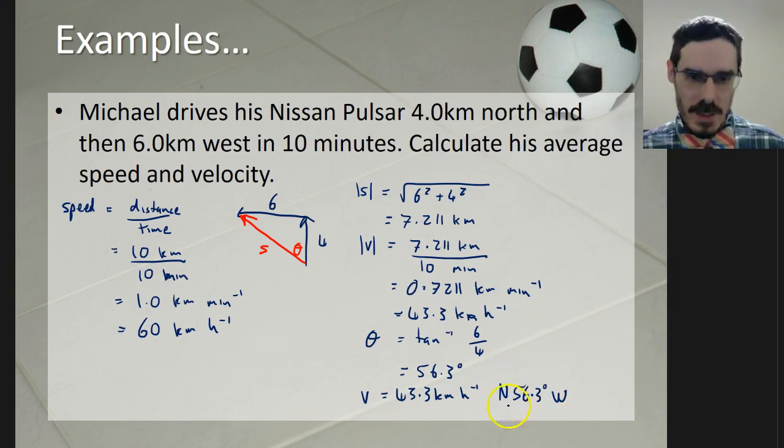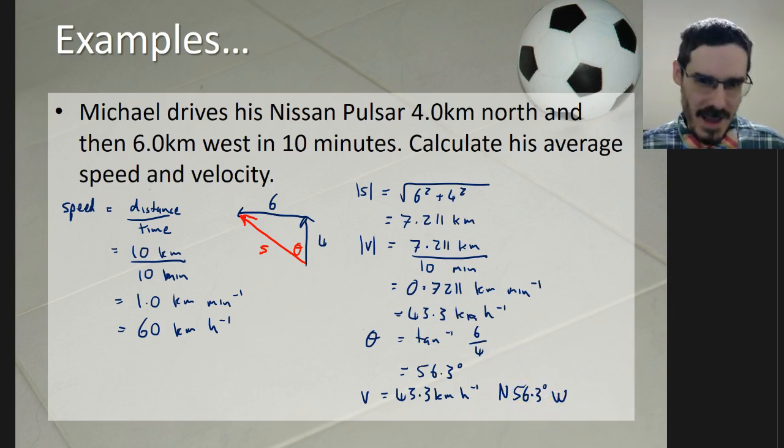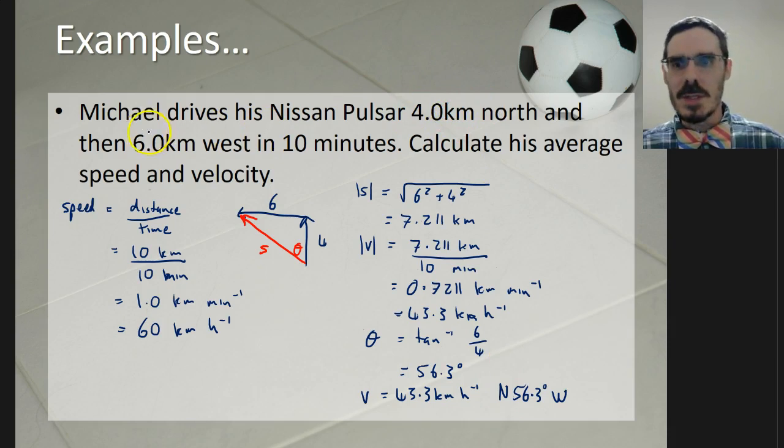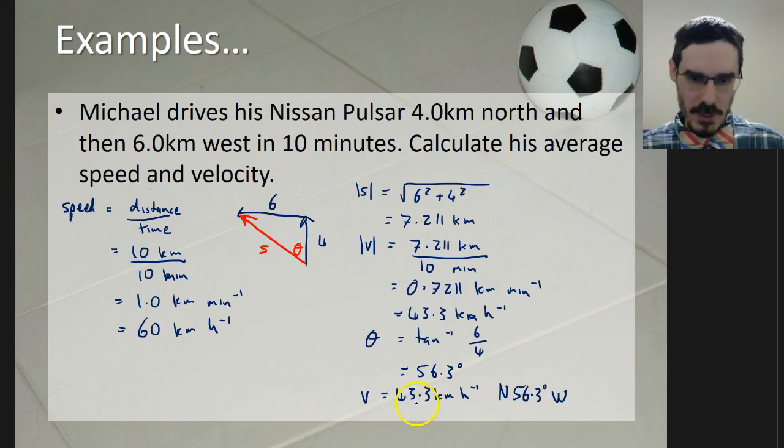Now you could give this as a proper bearing if you wanted. Angle clockwise from north, you'd subtract that from 360. But this is a perfectly good answer in this context. Actually, all the numbers in the question have two significant figures. This one's technically only one. I could probably just say 43 and 56. That's good enough.